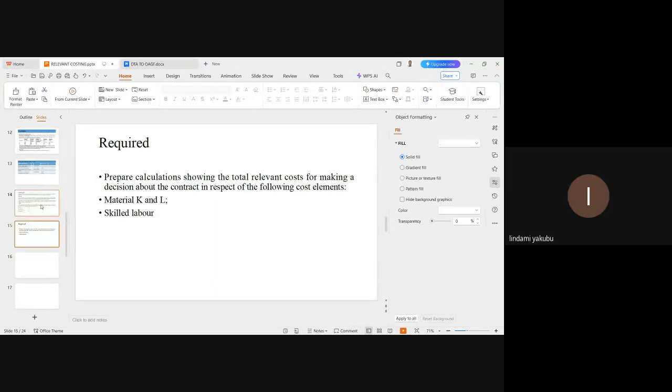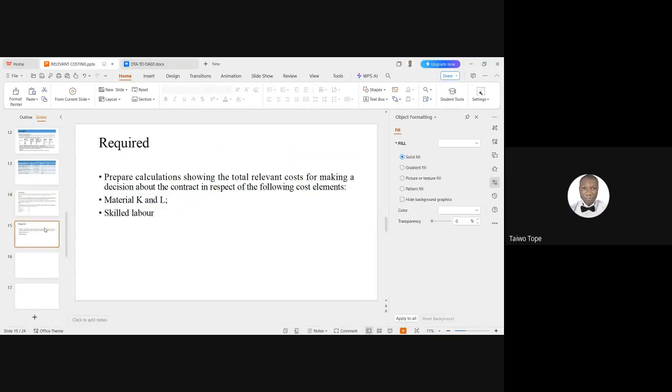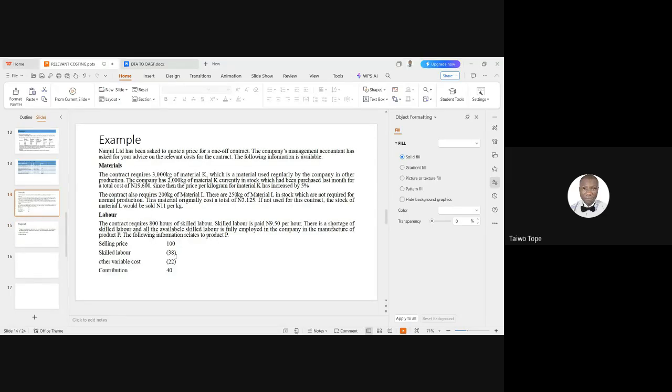I guess it could still be the 10 naira. Yes, opportunity cost. When you move them from product P to produce these new products, the opportunity cost will be what? The cost of you moving them will be what?